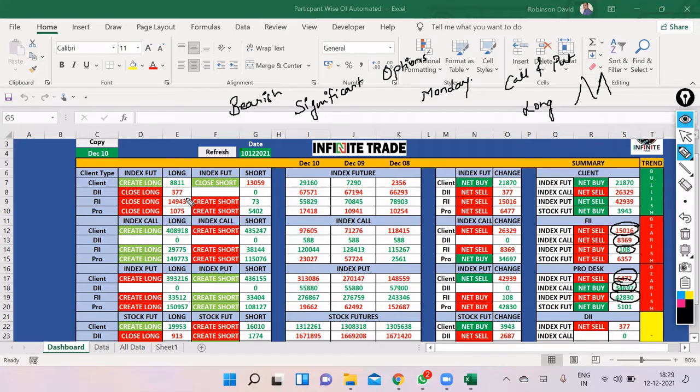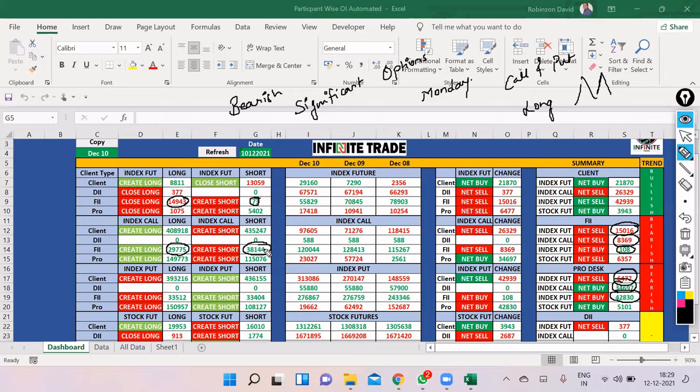FIIs have closed about 15,000 long positions in futures and created a very little position as shorts. So we'll say they have booked their profits, but they did not create any short positions. And if we look at call options, there are about 30,000 long and 38,000 shorts. So shorts are definitely there, but it is not the quantity that FIIs usually sell.